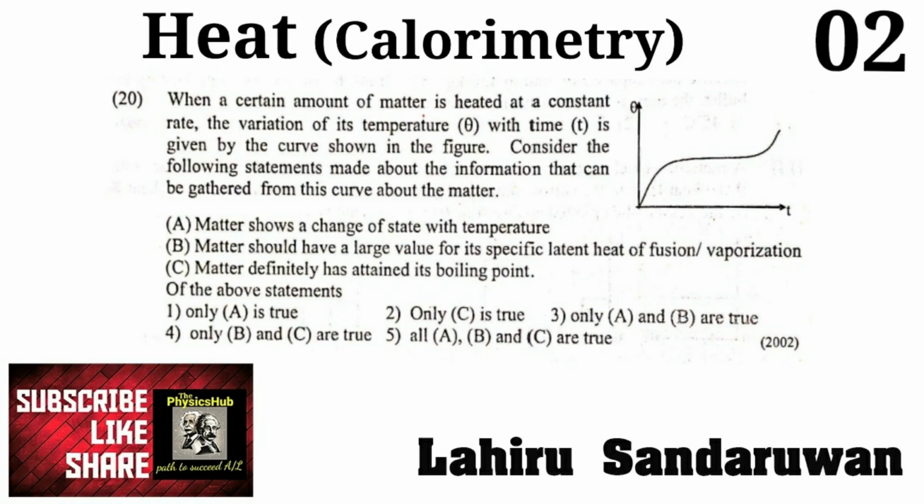When a certain amount of matter is heated at a constant rate, the variation of its temperature theta with time t is given by the curve shown in the figure. Consider the following statements made about the information that can be gathered from this curve about the matter.